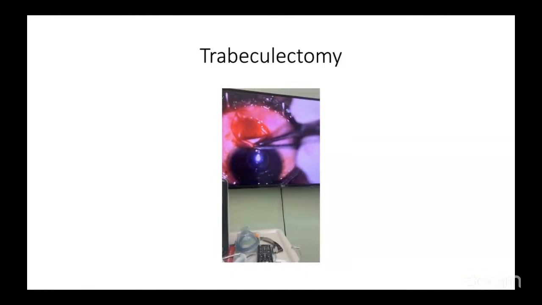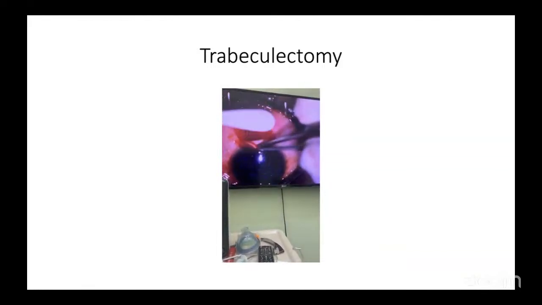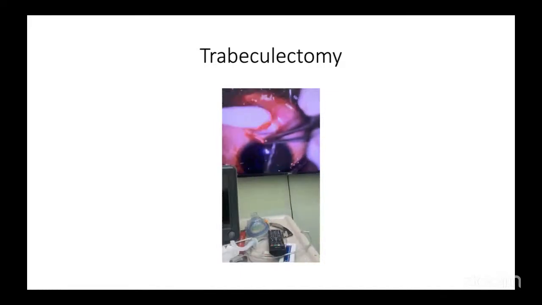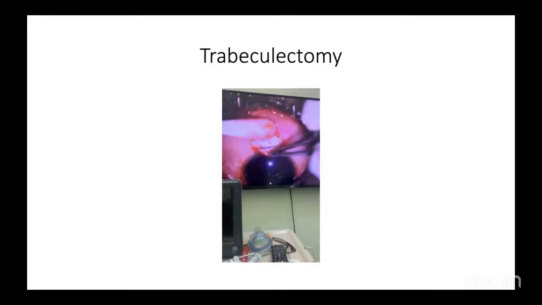So this is to identify the site of the trabeculectomy, to properly visualize the site of the future ostium.